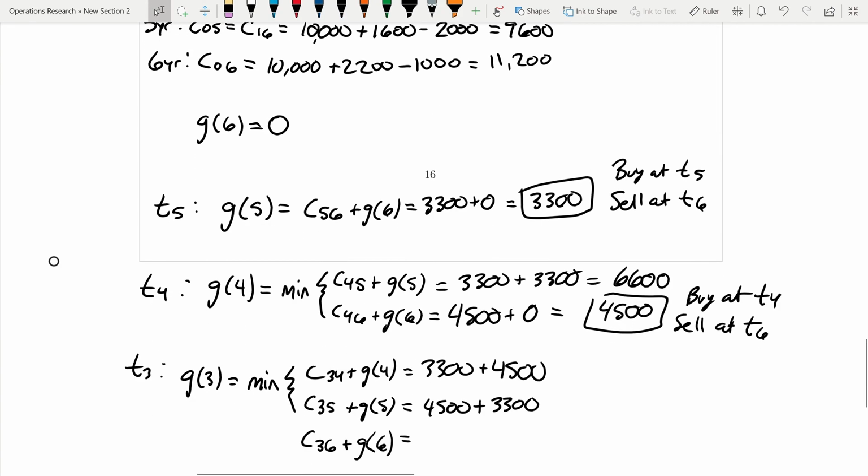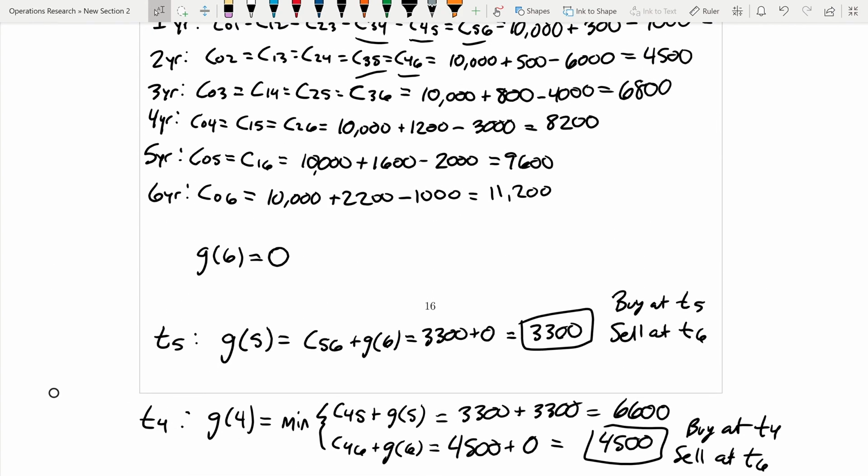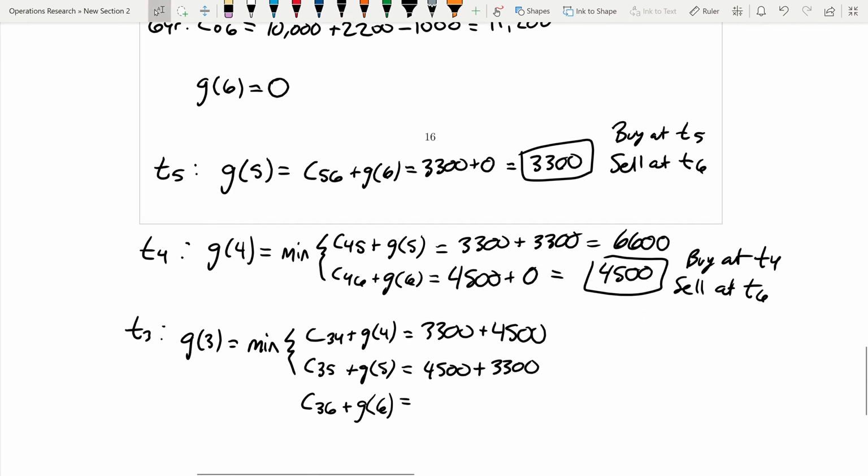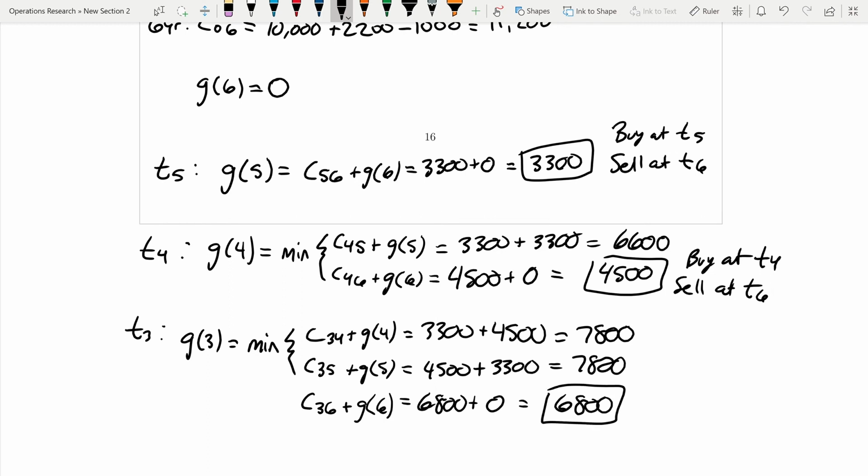Or we can go from 3 to 6, which is here, 6,800, and add 0 for G of 6. So that gives us the options here of 7,800, 7,800, and 6,800. So we're going to take 6,800 and say that if we buy at time 3, we should sell at time 6.